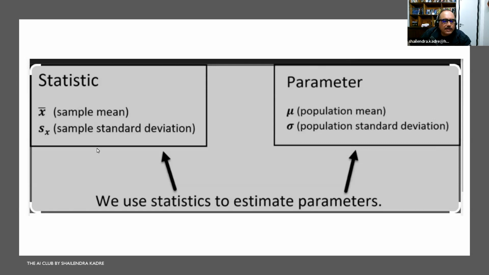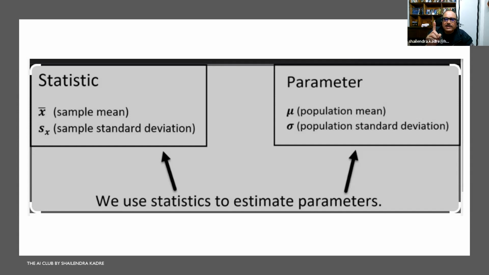See here, statistic. Statistic is attached to sample, right? SS. So X bar, and sample standard deviation, s. Parameter you see on the right hand side. Population mean is called mu, and sigma is called population standard deviation. Mu and sigma are Greek letters.